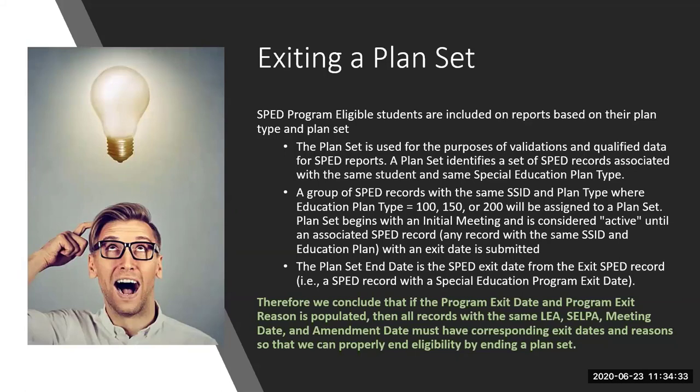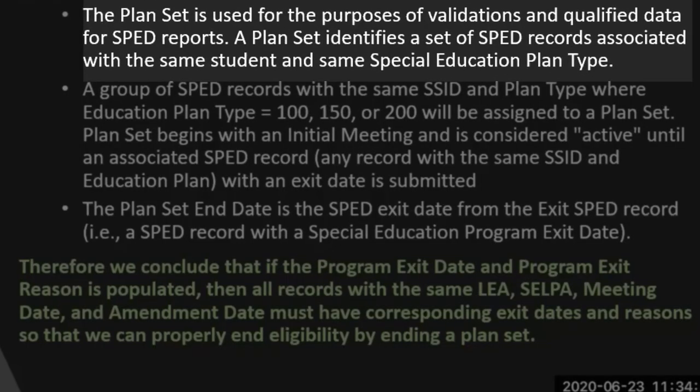Okay, so here we're going to talk about exiting a plan set. And many of you may not be familiar with the term plan set. The special education program eligible students are included on reports based on their plan type and plan set. The plan set is used for the purposes of validations and qualified data on reports.